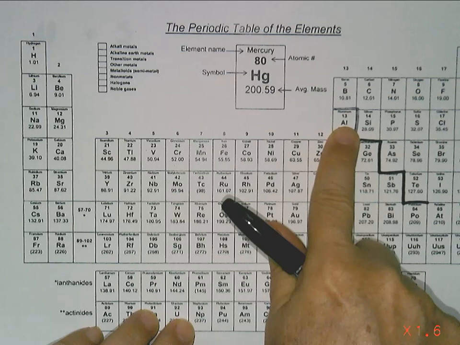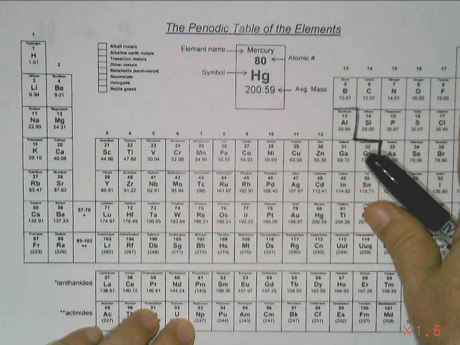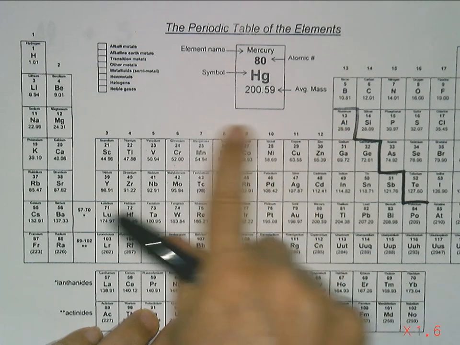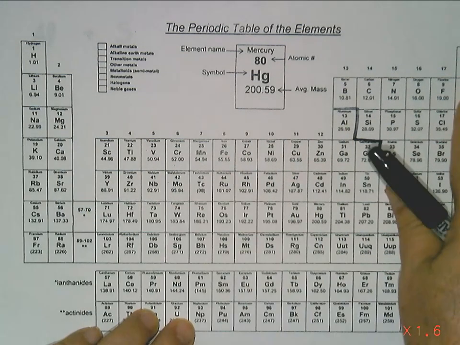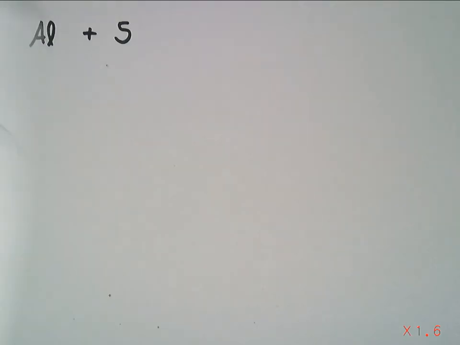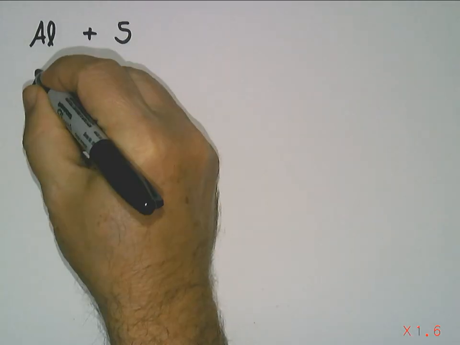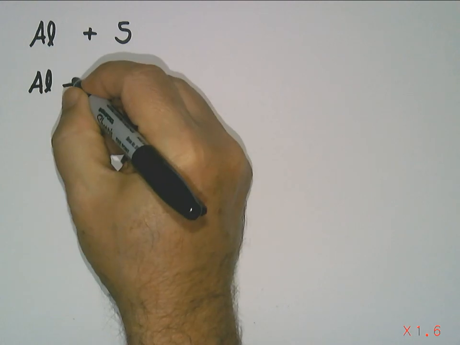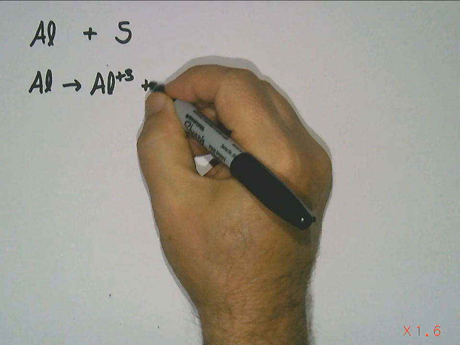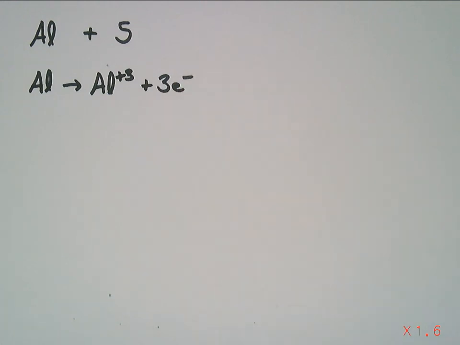Here's aluminum. The nearest noble gas is going to be neon. And it's going to lose 1, 2, 3 electrons to be at neon. So what I'm going to have is the aluminum is going to turn into aluminum with a +3 charge, so it can give up those 3 electrons. That's the oxidation because it's losing electrons.